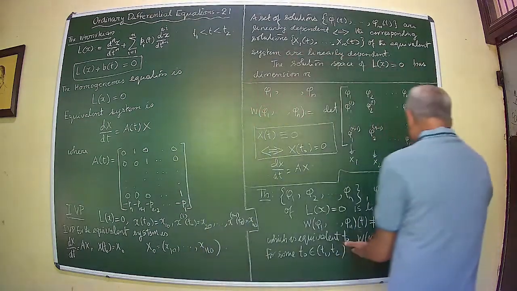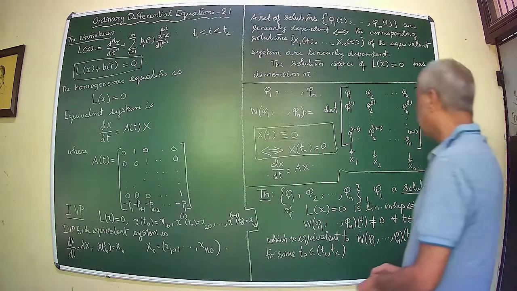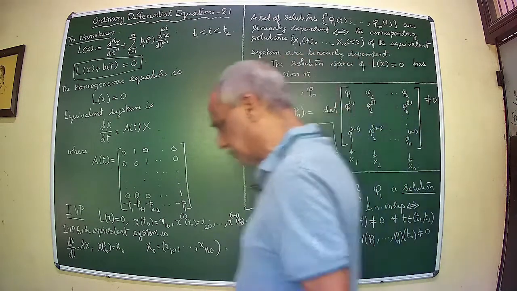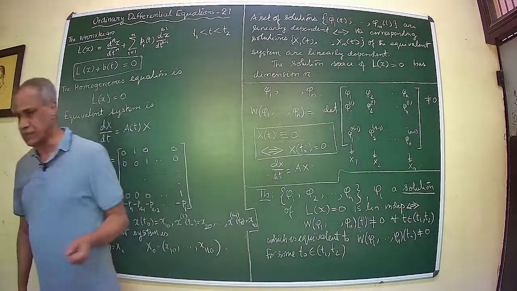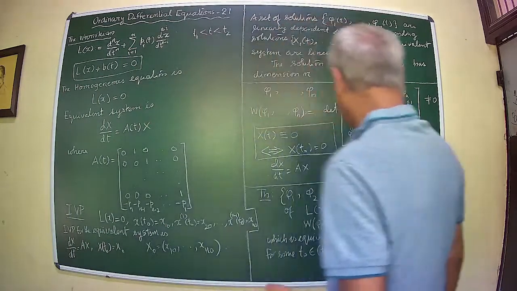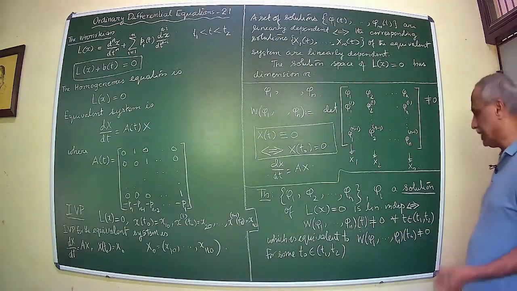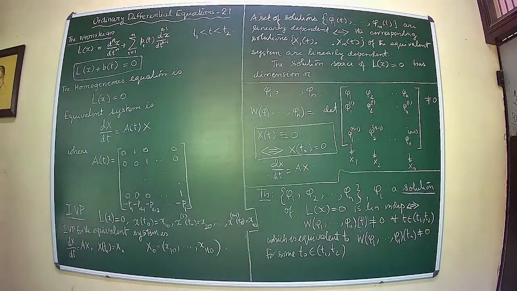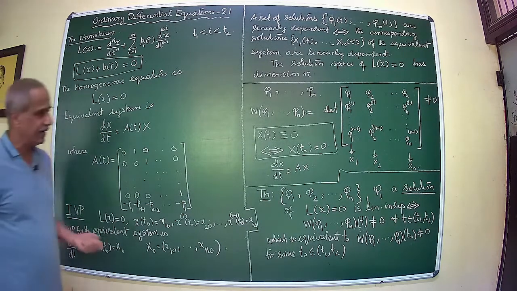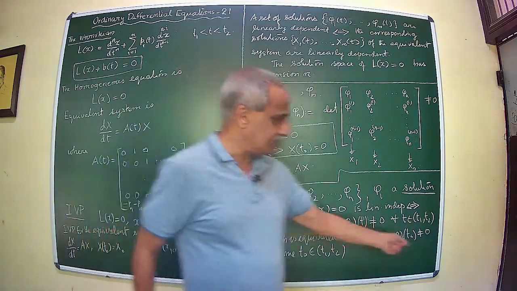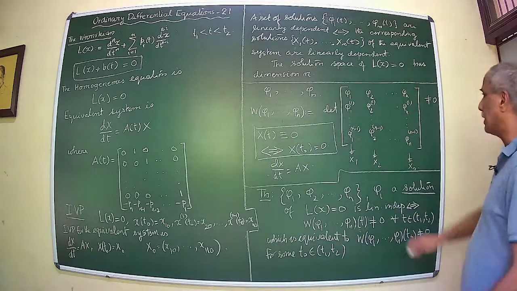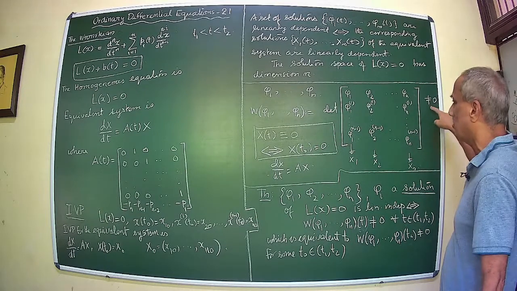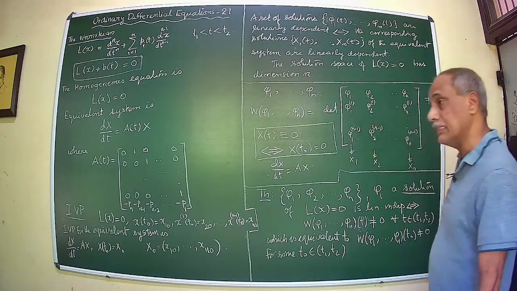Conversely, suppose you know this, then what do you infer? You infer that these vectors that you have, which are initial conditions, that is x1, x2, ..., xn evaluated at t naught, form a set of n linearly independent vectors. This is the meaning of that, because they come as the column vectors of this particular matrix, and the determinant of that not being equal to 0 means the rank of this matrix is equal to n.